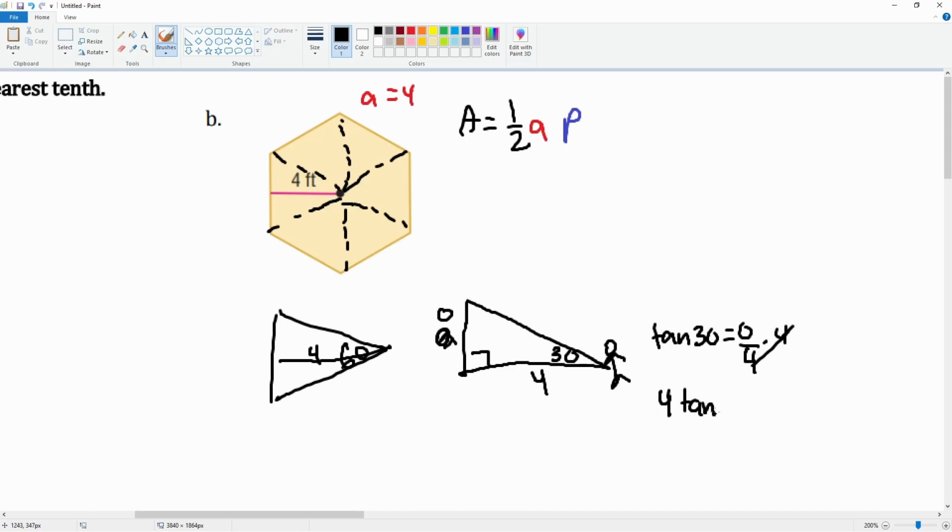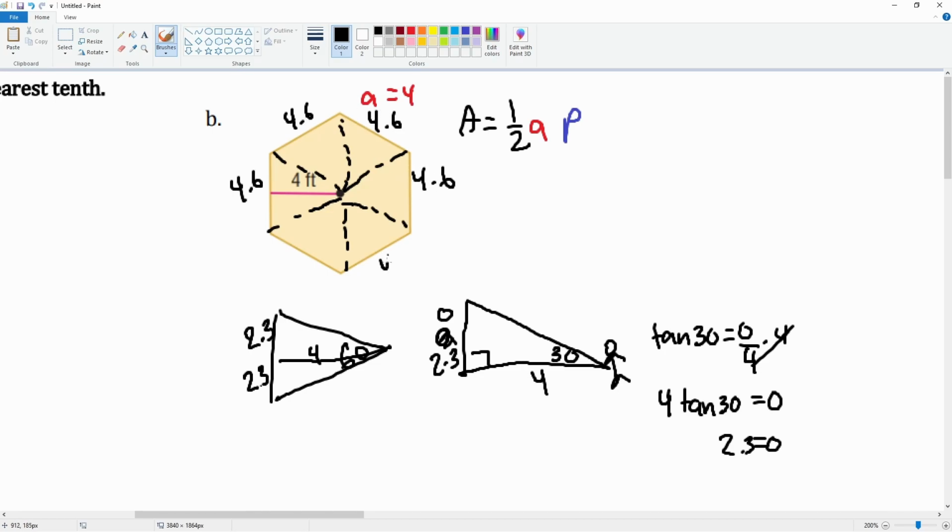So 4 tan 30 gets me my opposite, 2.3. So this piece is 2.3 for one of the right triangles, 2.3 for the other. 2.3 plus 2.3 is 4.6. So the sides are roughly 4.6 each.